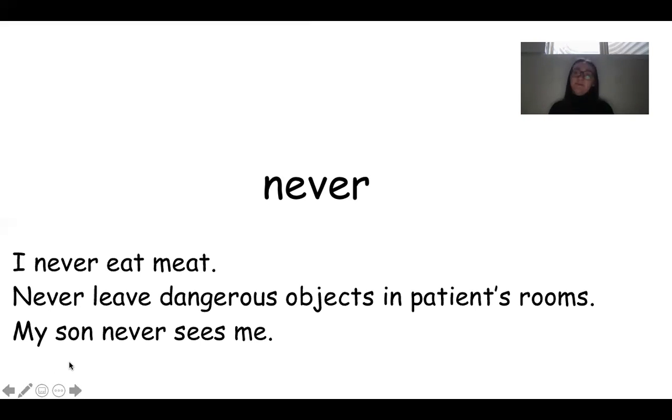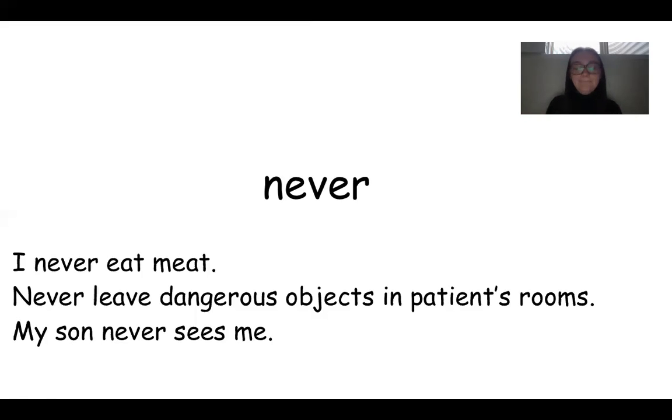But sometimes in English, people will say never, and it just kind of means that they don't do it a lot. So for example, somebody could say, my son never sees me. It doesn't mean that they have never seen them, it just means that they don't visit a lot.